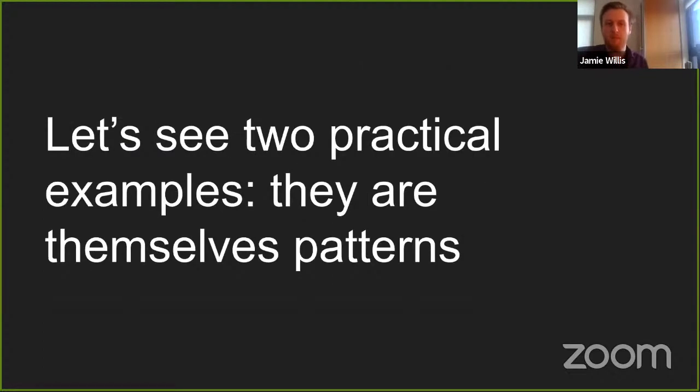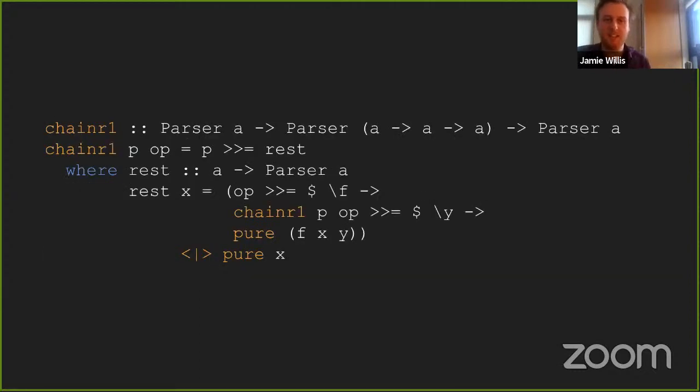I'm basically going to structure this by taking two practical examples, which are themselves a type of parser combinator pattern in a slightly different sense to the ones that I'm talking about here. But there's a bigger story around the patterns of parser combinators, which I'm trying to touch on. The first one is the ever amazing chainr1 combinator. Briefly, incidentally, I think its type is a bit wrong, but that's for another talk.